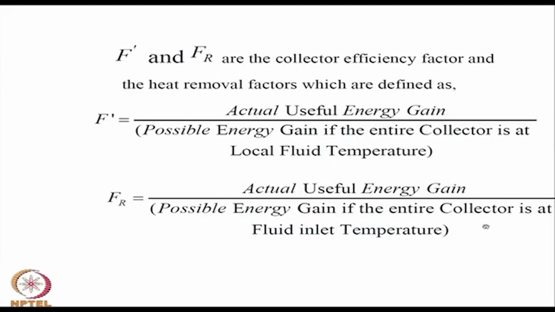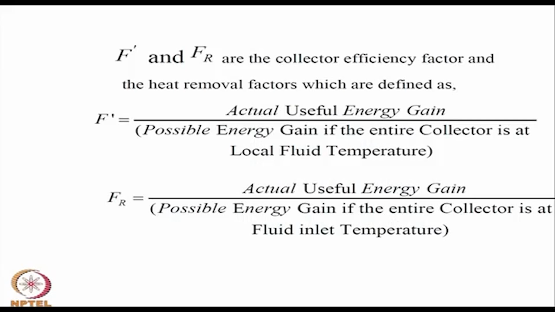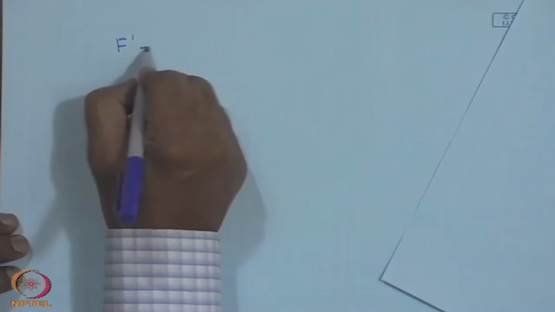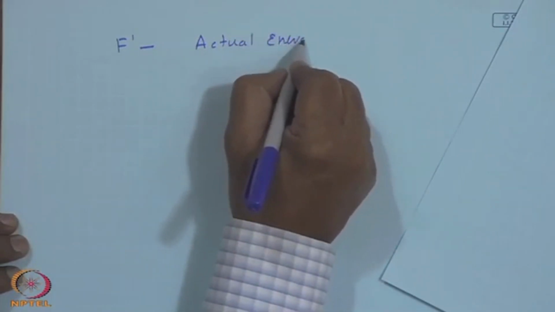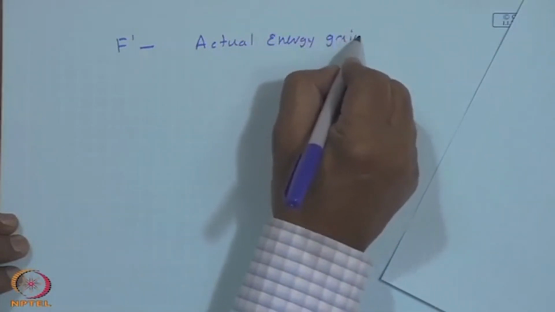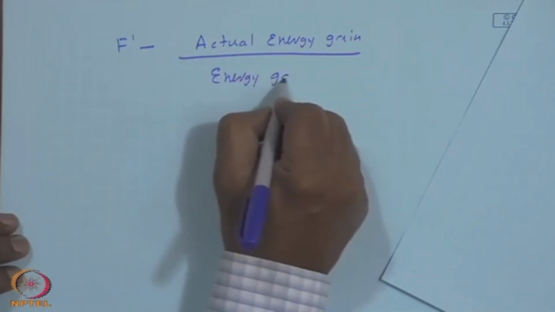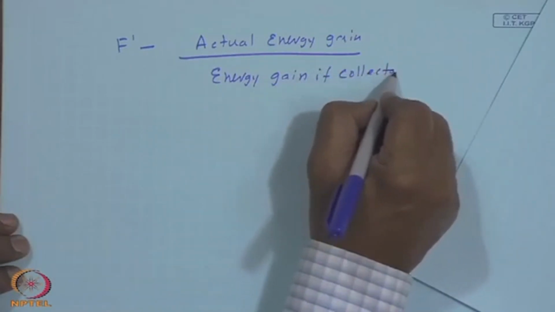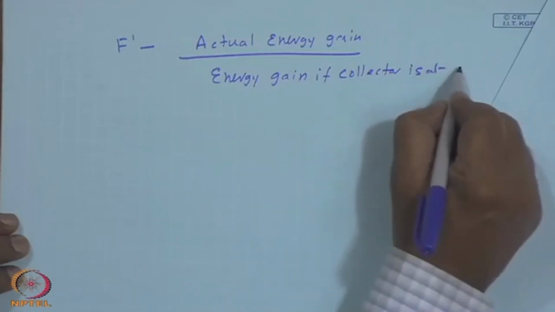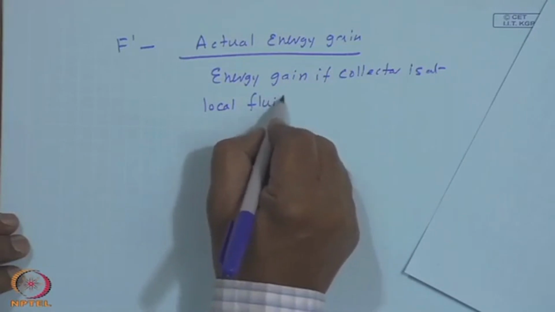So, we recall the definitions of F dash, the collector efficiency factor, and FR, the heat removal factor, as the ratio of actual energy gain, I write in brief, by energy gain if the collector is at local fluid temperature.